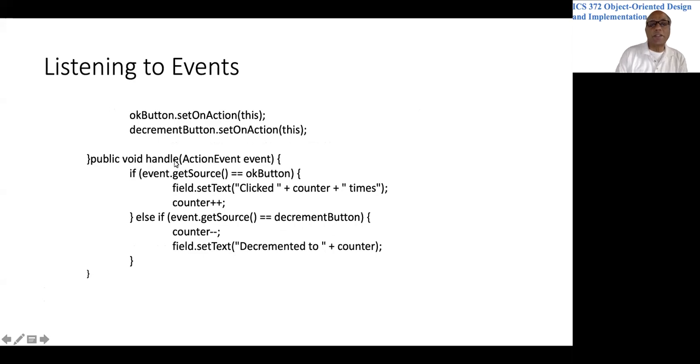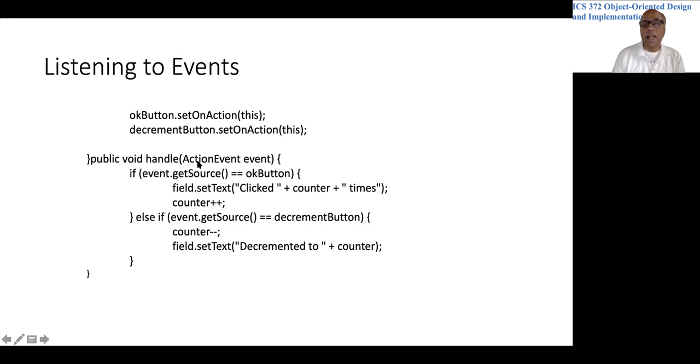We can also handle the clicks on the buttons. So if you have two buttons, OK button and decrement button, we can say that when the OK button is clicked, this object where this code is the one to handle it. So okButton.setOnAction(this), decrementButton.setOnAction(this). And we need to then code the method called handle, which will do the actual job of processing button clicks.